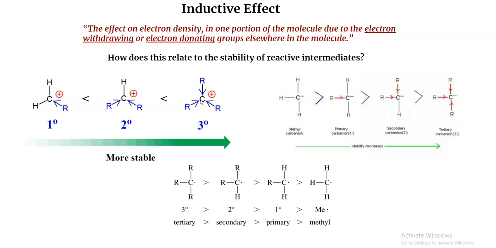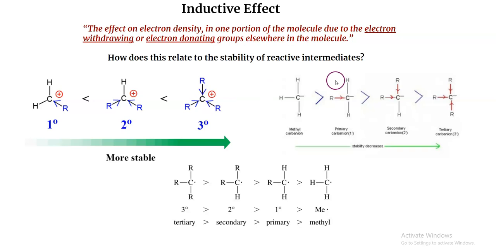Very, very similar to hyperconjugation, right? In hyperconjugation, the alkyl groups were donating the electron through the CH bond. Here they are donating directly through the CC bond. But both hyperconjugation and the positive inductive effect are making the carbocation more stable.